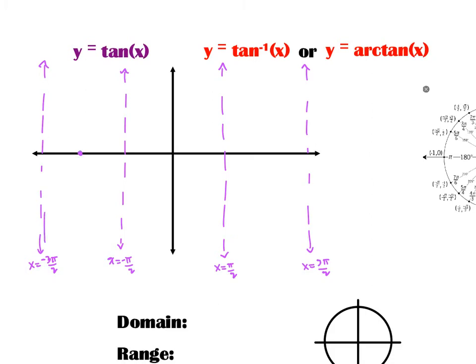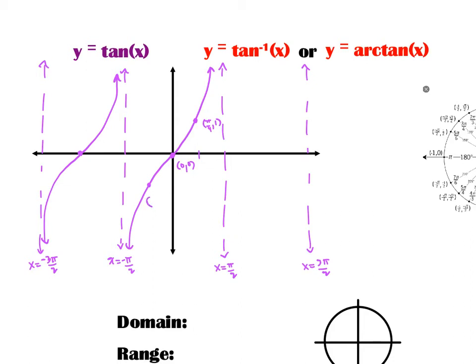So here's your graph of tangent. Okay, this is a very general sketch, but the zeros would be midway in between. So this would be 0, 0. This would be the point pi over 4, comma 1.